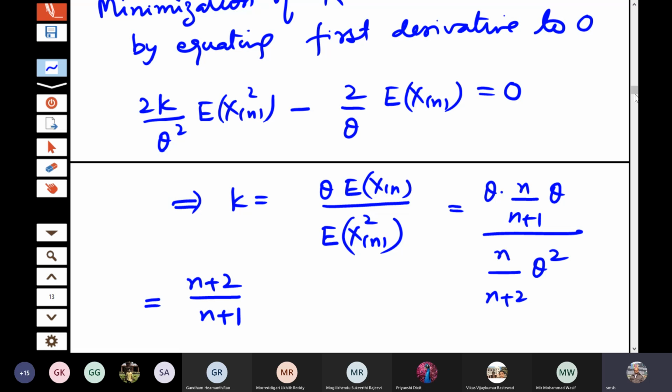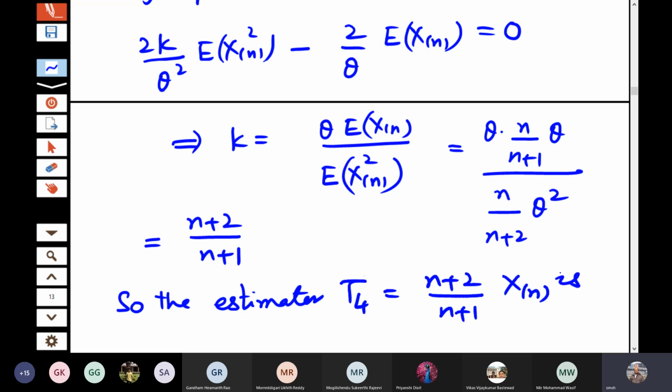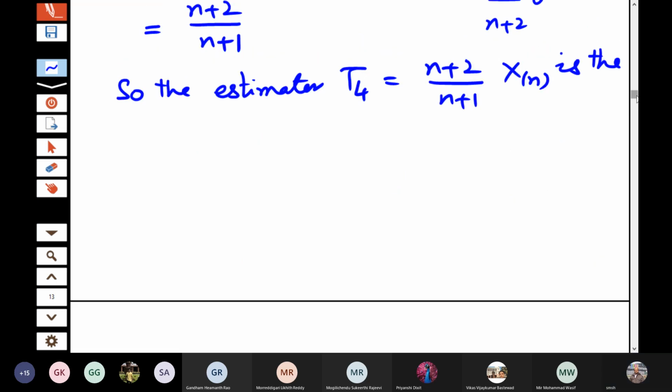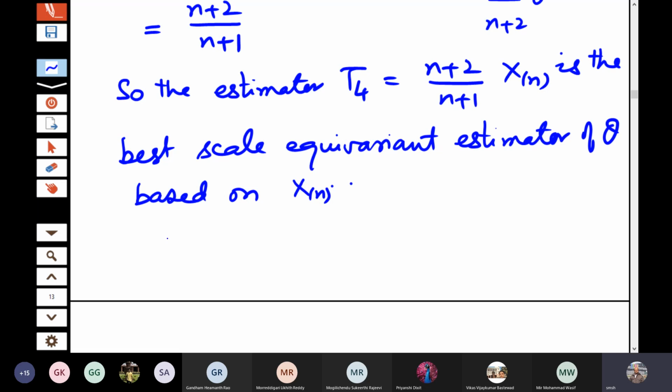In fact, you have now come up with the estimator, let us call it T4, that is n plus 2 by n plus 1 xn, which is the best scale equivariant estimator of theta based on xn. So we will prefer T4 over T1, T2, T3.